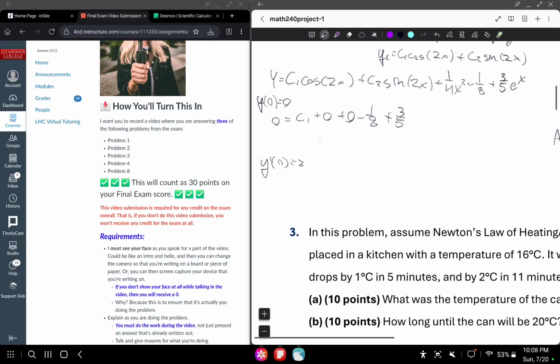So this will be c1 equals 1/8 minus 3/5.